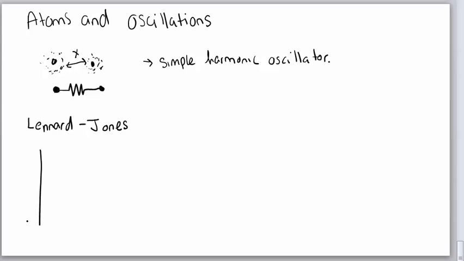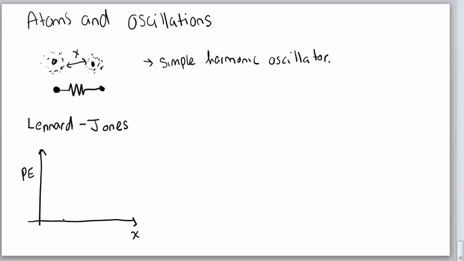The Lennard-Jones curves are not just applicable to van der Waals forces, although we use them for those, but the shape of the curve is common to nearly all types of bonds. So just keep that in mind. So potential energy, and we'll have x in the direction of the x-axis.